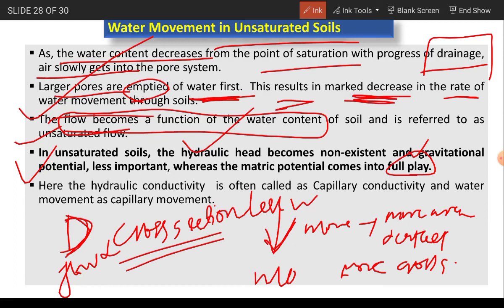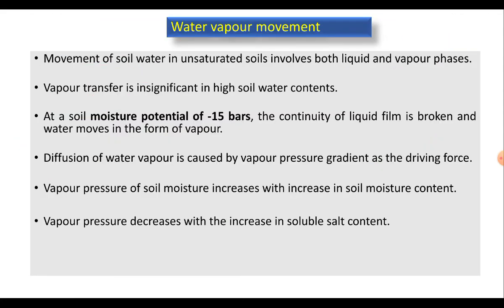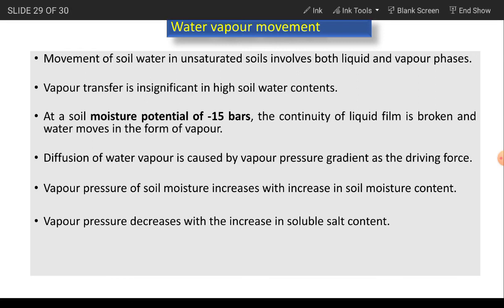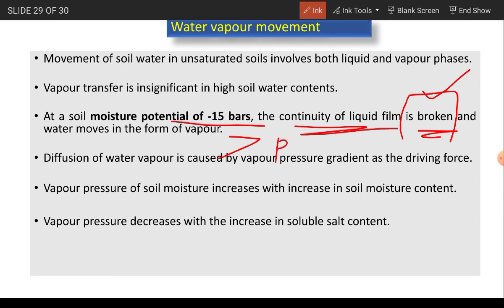So there is vapor movement also. Besides this unsaturated and saturated movement, there is water vapor movement also. At a soil moisture potential of minus 15 bar, the continuity of the liquid film is broken. Below the permanent wilting point, the continuity is broken, so water forms a vapor.